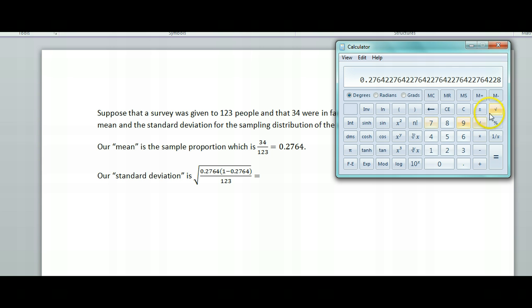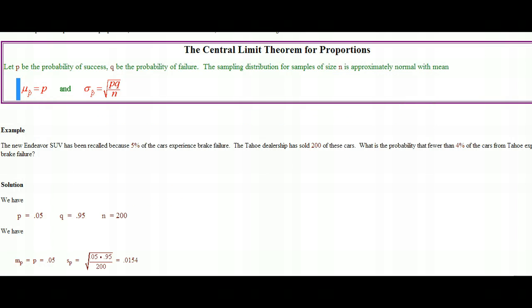We need to clear, and take the square root of the quantity 0.2764 times 1 minus 0.2764 divided by 123. That's not right. Okay, let me bring out a better calculator.